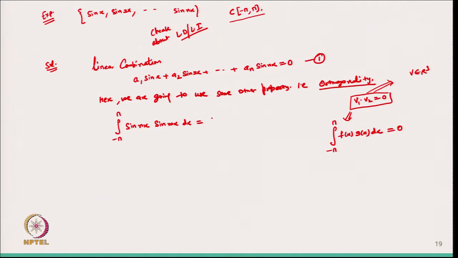The product sin nx sin mx can be written as half of cos((n minus m)x) minus cos((n plus m)x), dx.